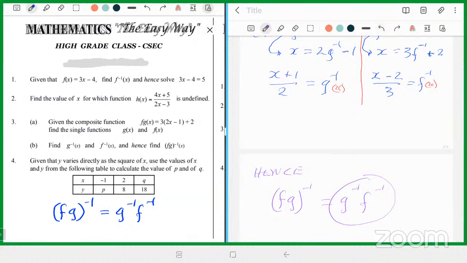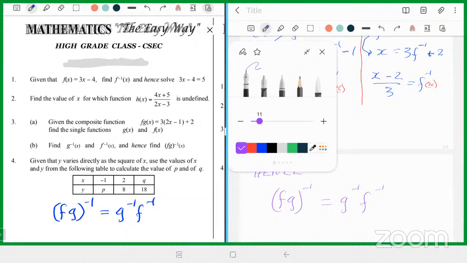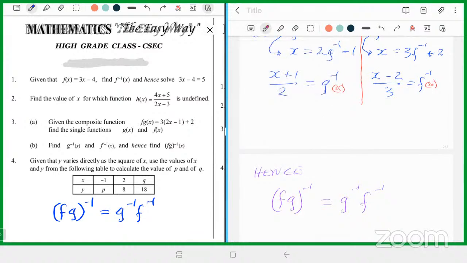All right, and how is this composite formed? It's formed by substituting the f to the minus 1 into the g to the minus 1. So it means that we're taking all of this f to the minus 1 and putting it into the g to the minus 1 where x is right there.